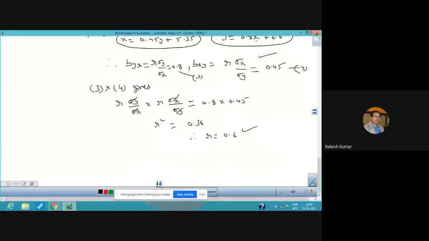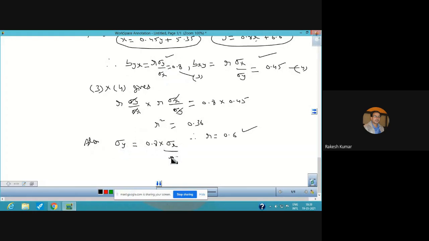Also, for finding sigma y, that is the standard deviation of y, you can get this from this value. So sigma y will be equal to 0.8 into sigma x over r.